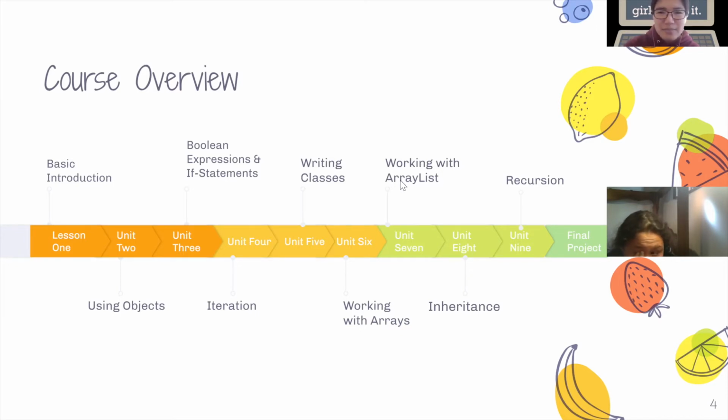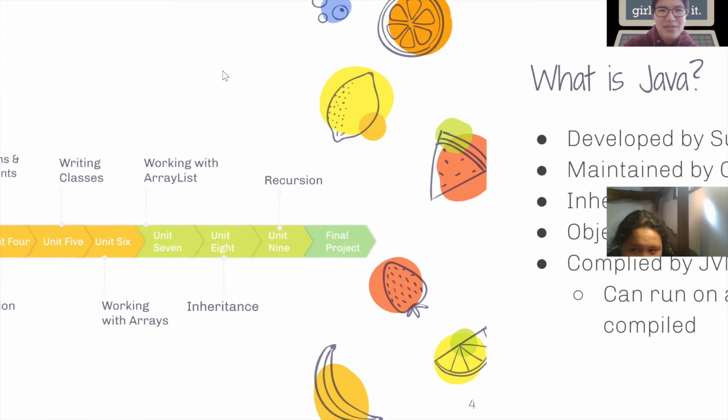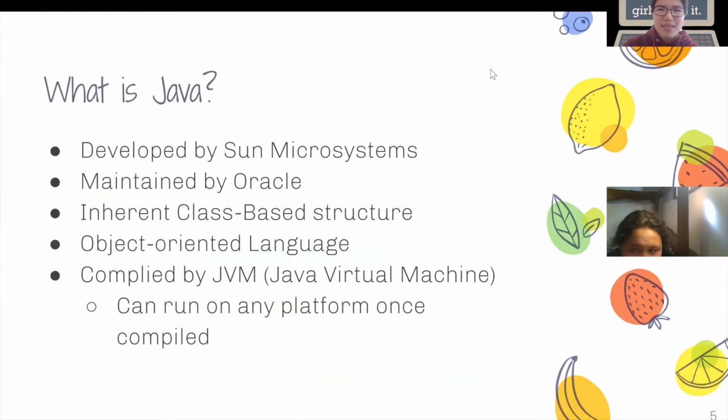And yeah, next. So first off, what is Java? Java is a pretty old programming language, originally developed by Sun Microsystems, and now it's being maintained by a company called Oracle. It's basically a language that's centered around classes, so everything in Java is basically a class.